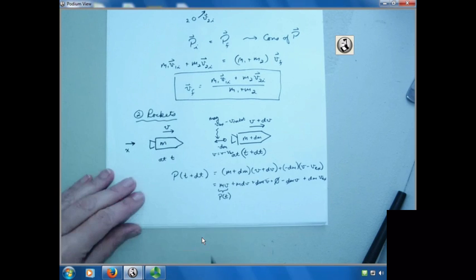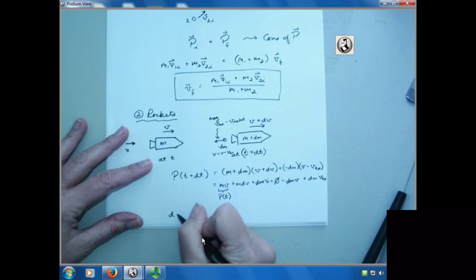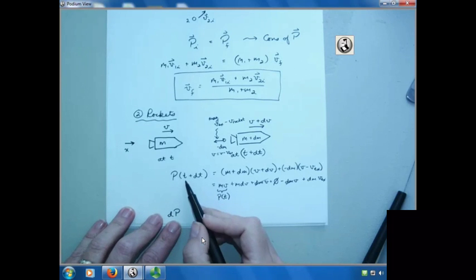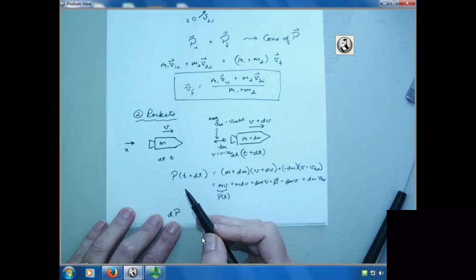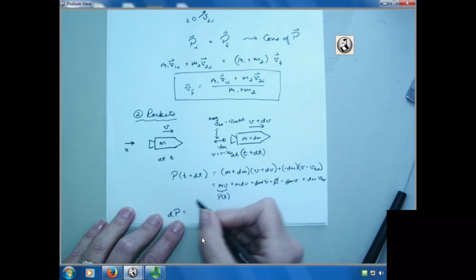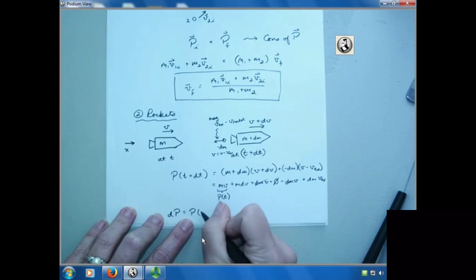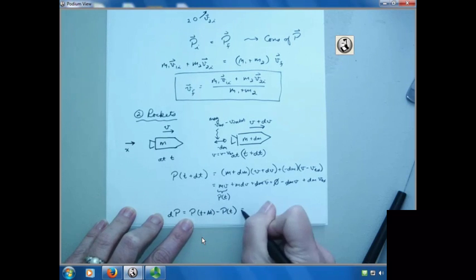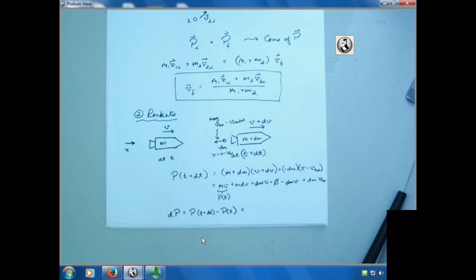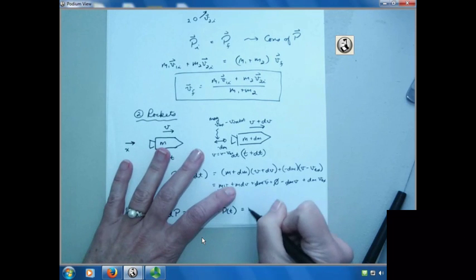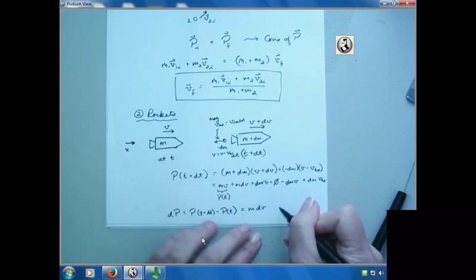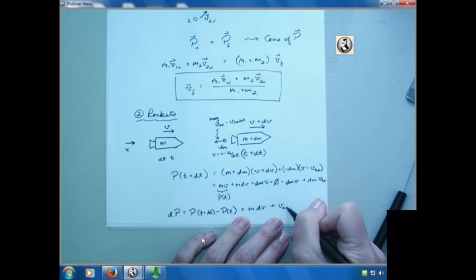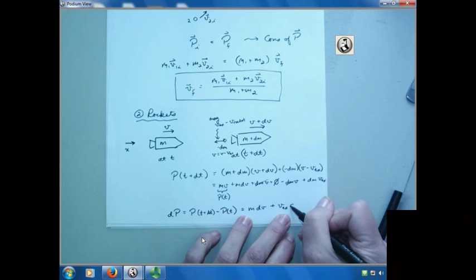So what I have here is my incremental change in momentum, which is, I'll just be clear about this, the value of momentum at t plus delta t minus the value of the momentum at t. And that must be equal to m times dv plus v exhaust, the relative velocity of the exhausted gas, times dm.